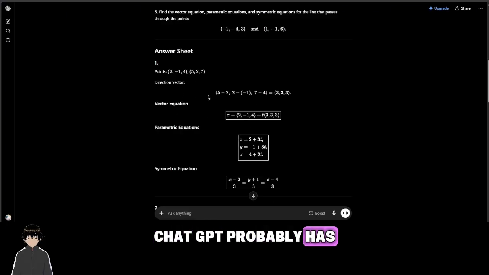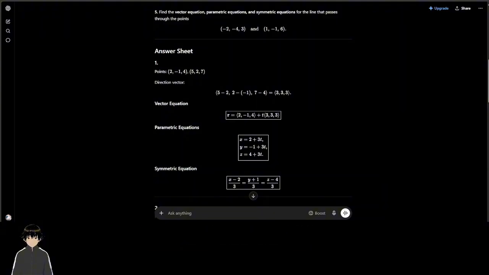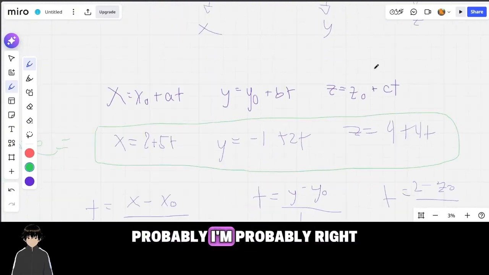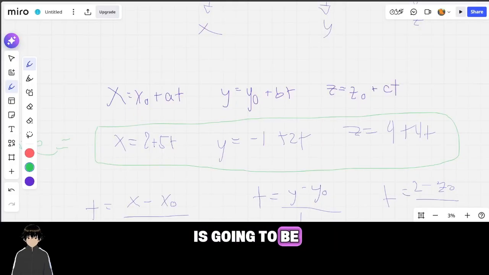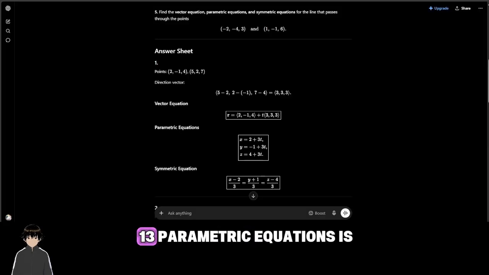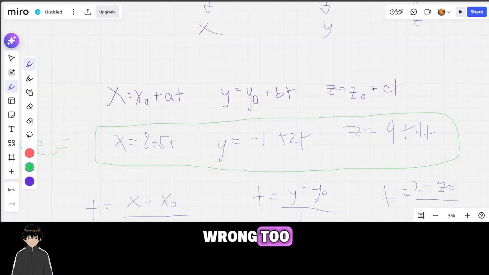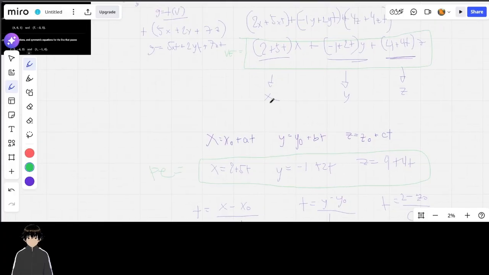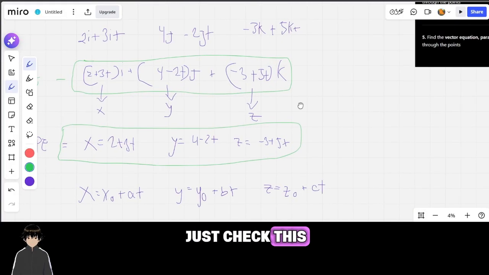ChatGPT probably has another method to solve for the vector equations, but I'm probably right. So this is going to be 2 plus 5t. The parametric equation is wrong too. What? What the? Hold on, let me just check this.